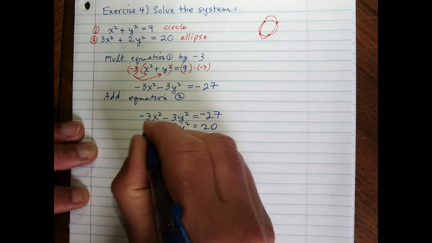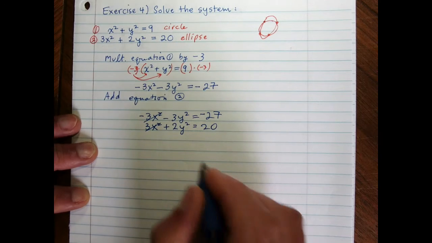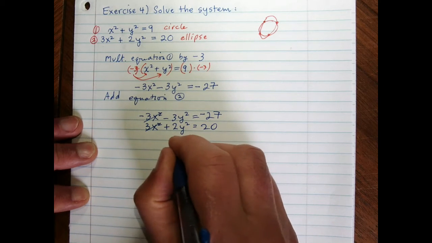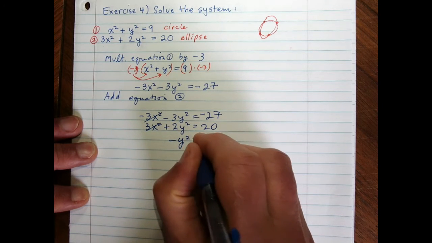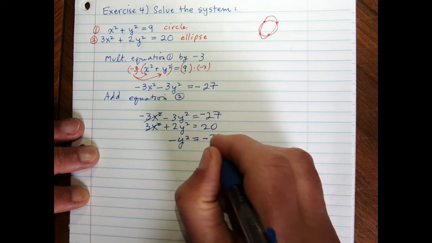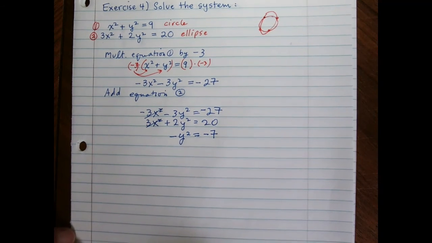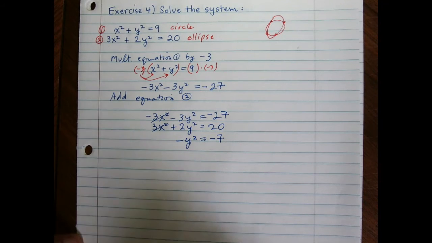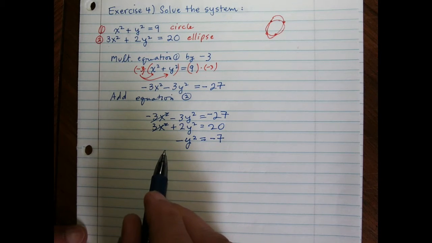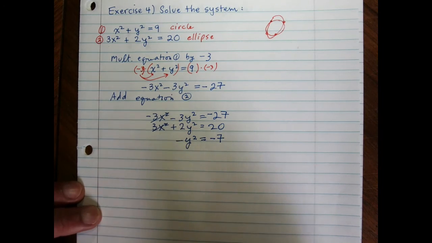And when I add on the left-hand side, negative 3x squared plus 3x squared is 0. Negative 3y squared plus 2y squared, that's a negative y squared, equals negative 27 plus 20, which is negative 7. So I was able to get the x squareds to drop out using this kind of special addition technique. I would not call this substitution. And now I have an equation in y that I can solve for.